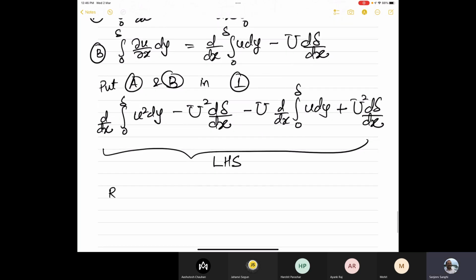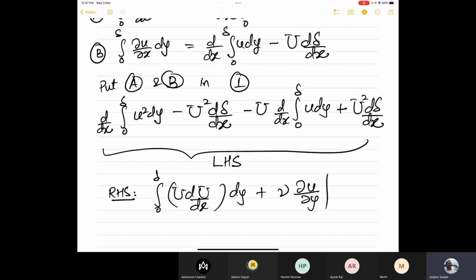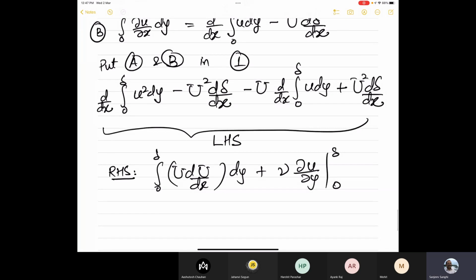And the right hand side of the equation is equal to the integral from 0 to delta of capital U du by dx dy, plus nu du by dy at y is equal to delta and 0. So this will become equal to capital U dU by dx.